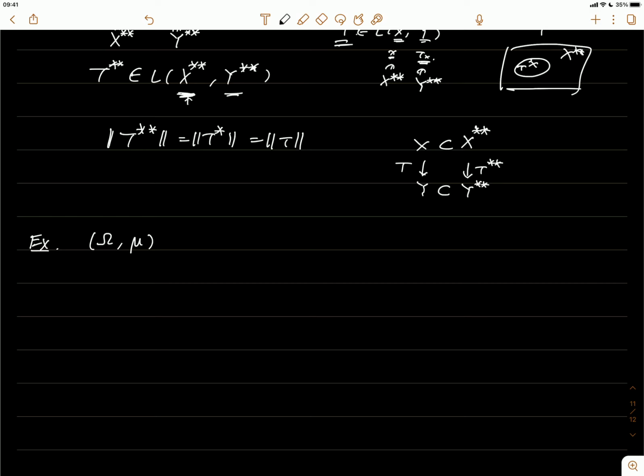Omega is a measure space, mu is the measure, and I will ignore the sigma algebra of measurable sets, which are all the sets that can be measured by this mu. Also, K is a mapping from Omega times Omega, and it's measurable and square integrable.